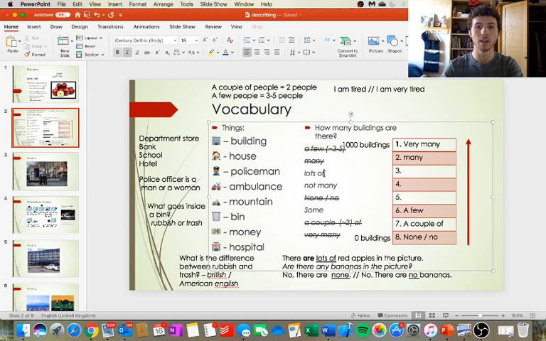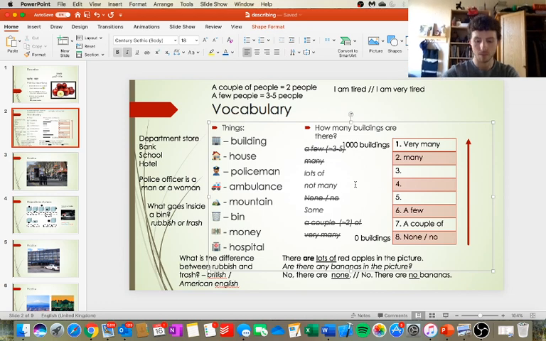So where does lots of go? 3, 4, or 5? So type in the comments, what do you think? Lots of. 3, 4, or 5, Wasim? 3, 4, or 5?